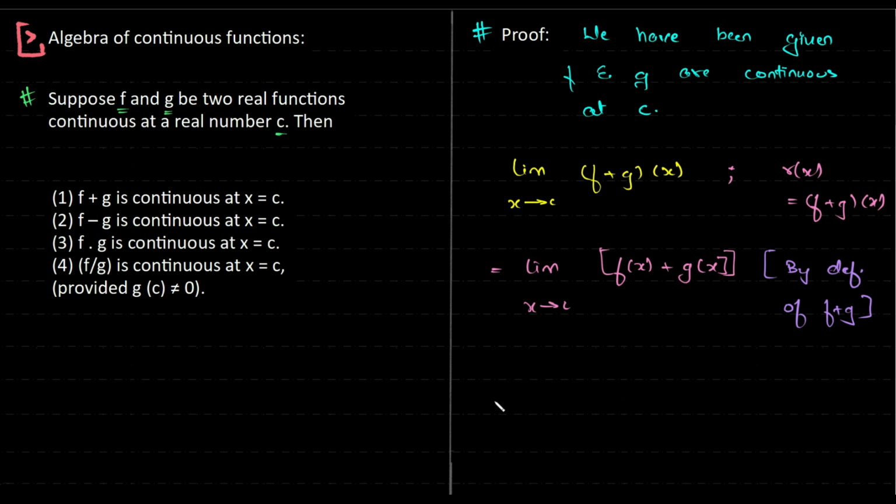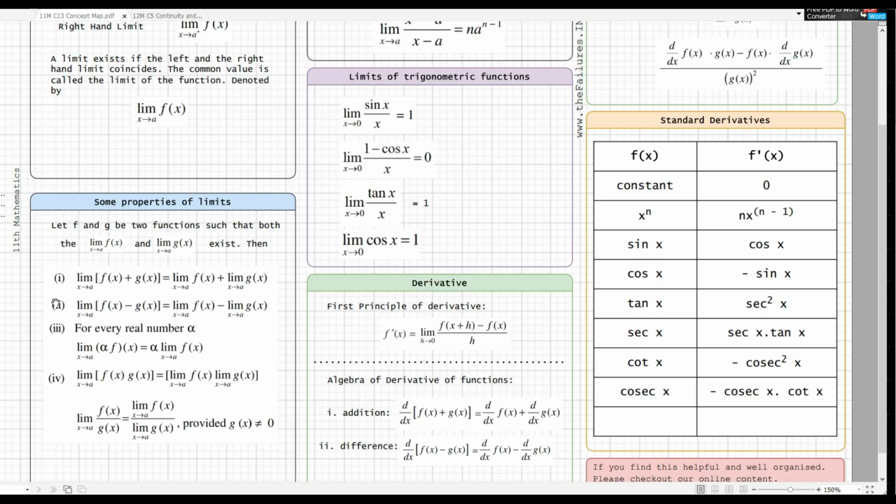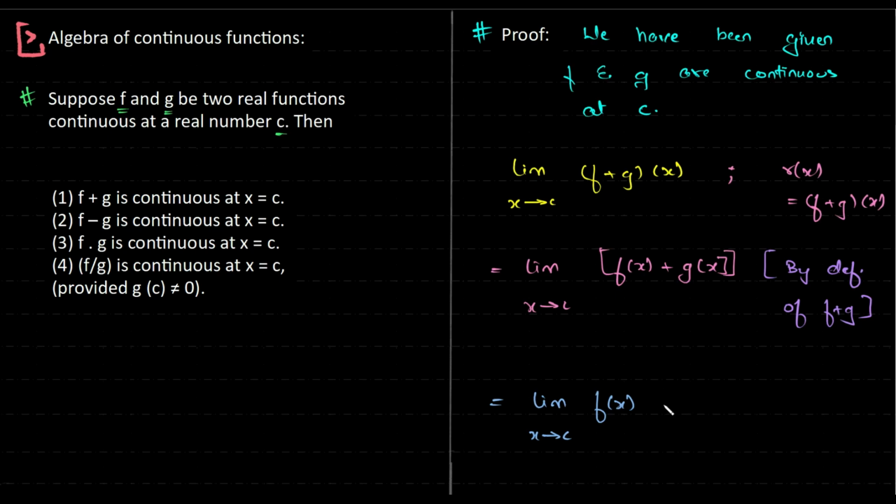Now, with the help of our algebra of limits, we can apply the limit to each of these. We can apply the limit to both of them. If there were 3, we could have applied it to 3 of them. This is g of x, right? Now, this is the algebra of limits.